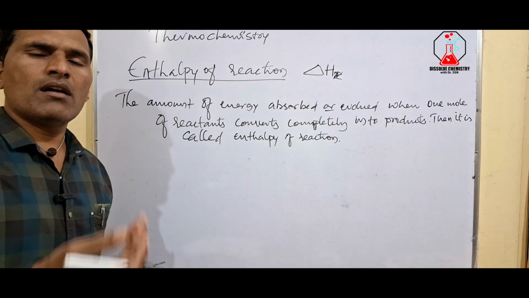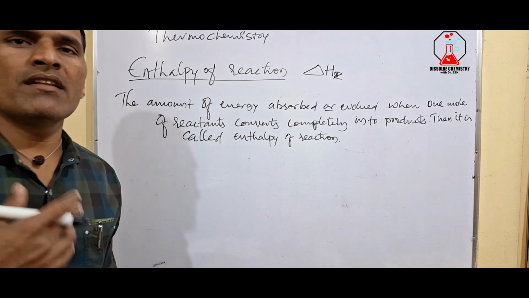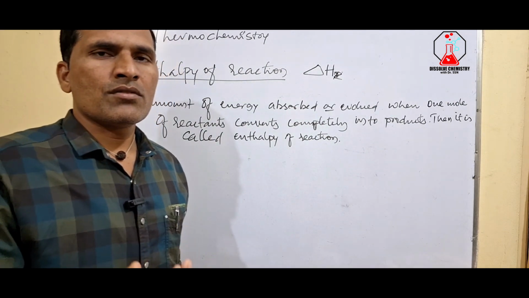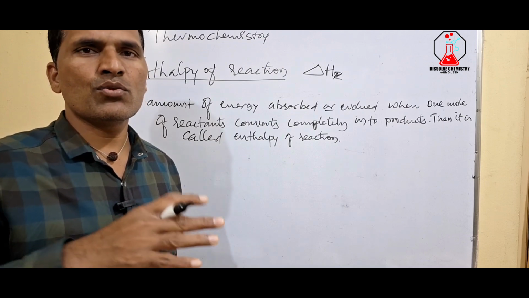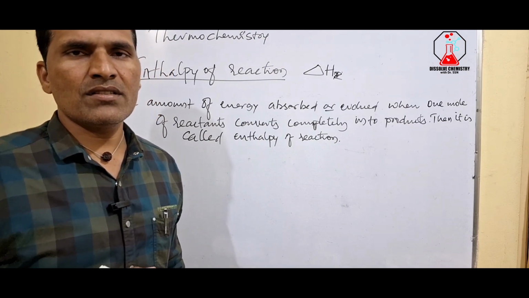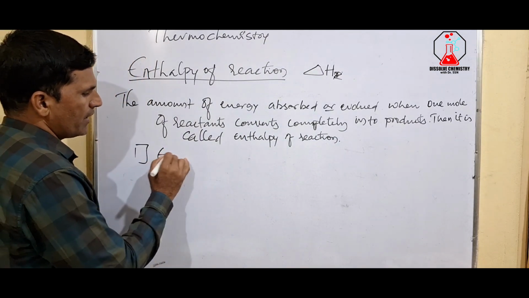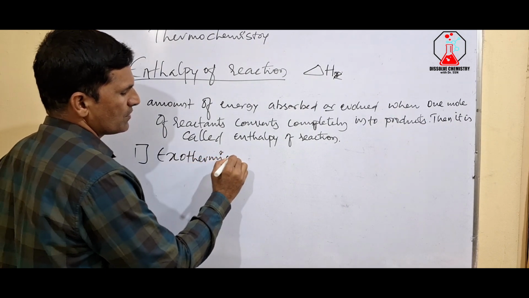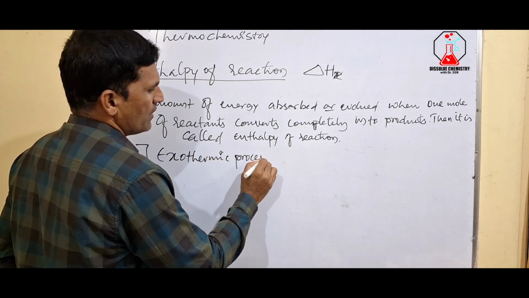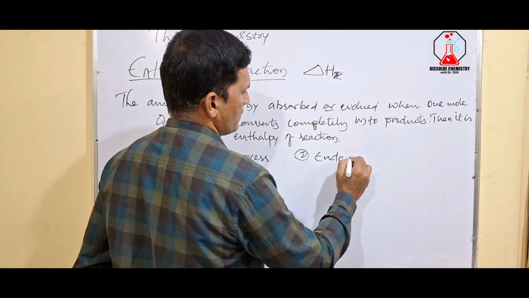Energy absorbed or evolved, we are using the term. So based on energy absorption and evolution, we are categorizing reactions or processes into 2 types. One is called the exothermic process, and another one is called the endothermic process.